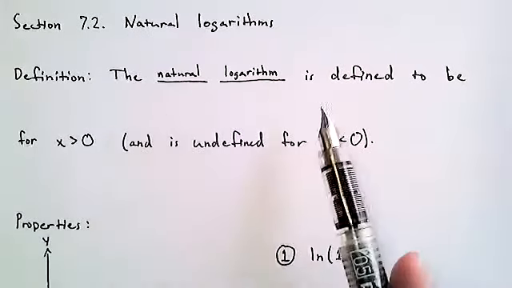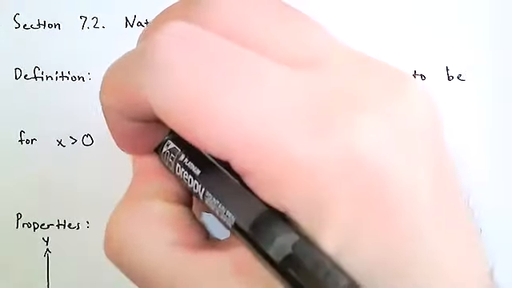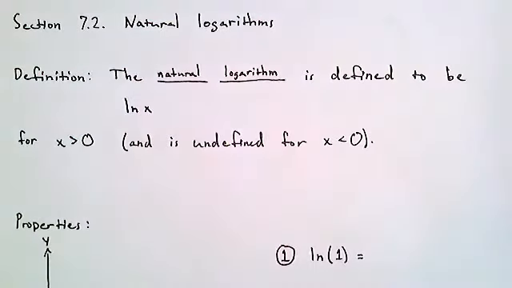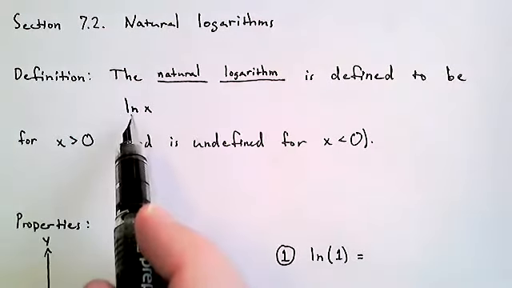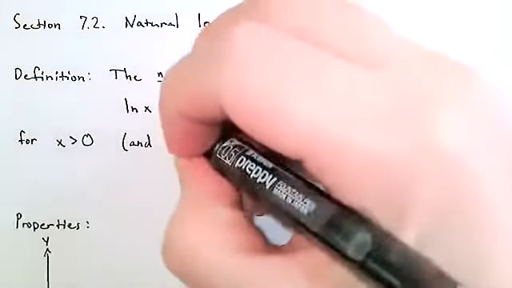It's called the natural logarithm, but its definition feels anything but natural, at least the first time you see it. So we usually write it this way, ln for natural logarithm, and then x is being plugged in.